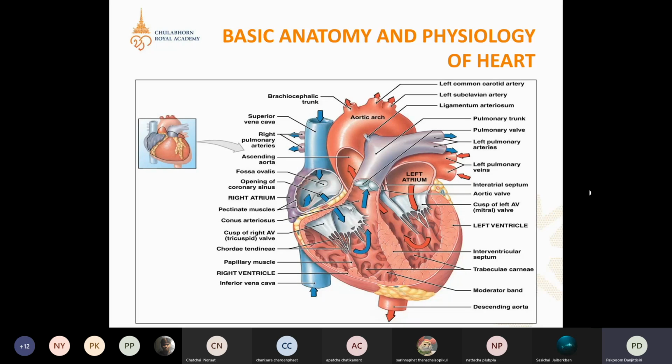The blood in the left atrium will travel down to the left ventricle through the mitral valve, and the left ventricle will pump the blood out again into the aorta through the aortic valve, and the blood in the aorta will be able to travel around the body and cause the systemic circulation. This is just the basic steps of the blood flow within the heart.